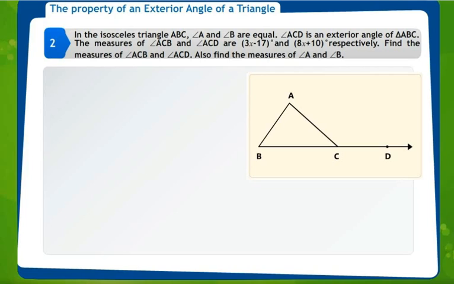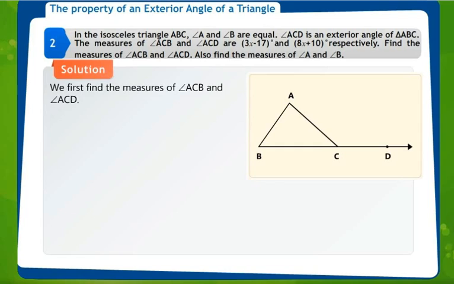We have to find the measures of ACB and ACD and also the measure of angles A and B. Now you can see in the diagram triangle ABC. Angle A and angle B are the remote interior angles and ACD is the exterior angle. So we first find the measure of ACB and ACD.